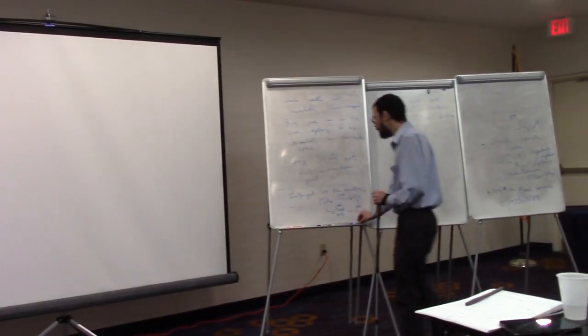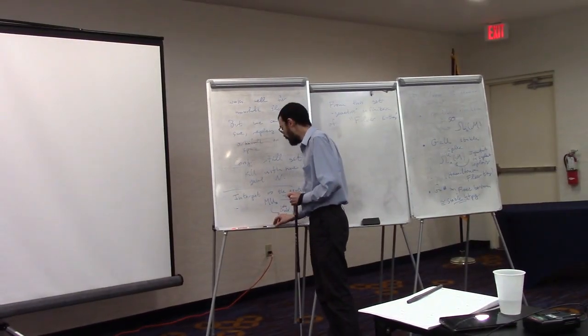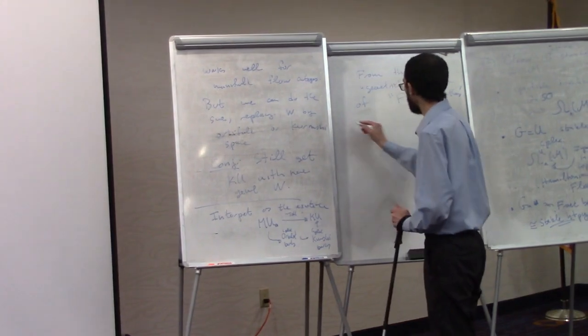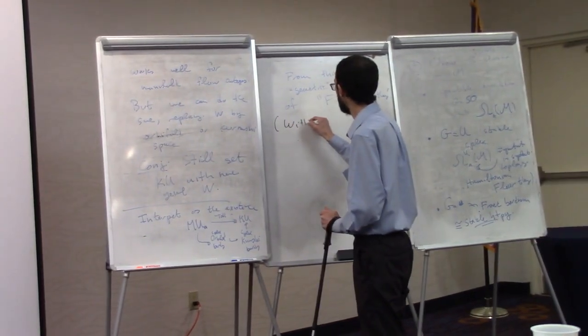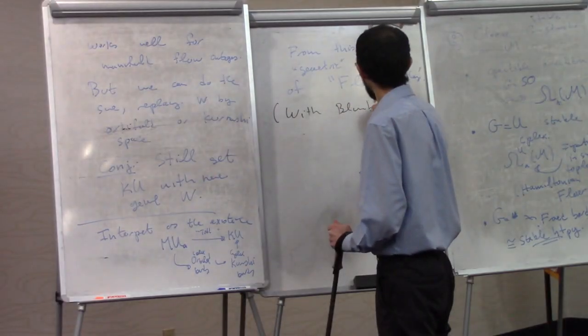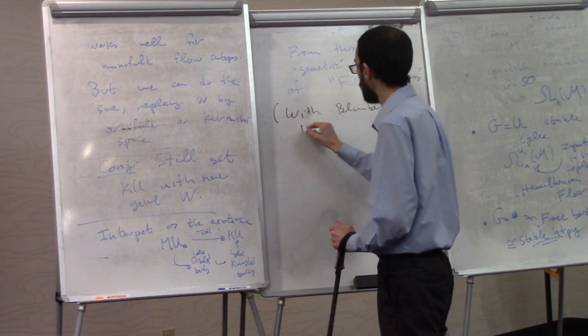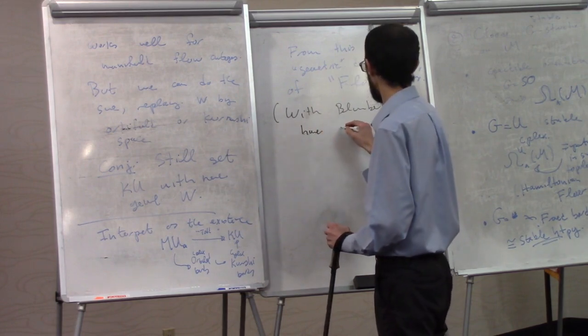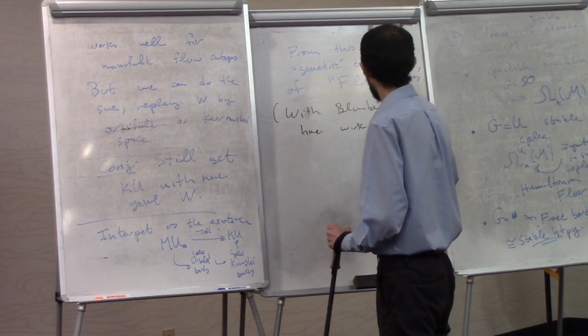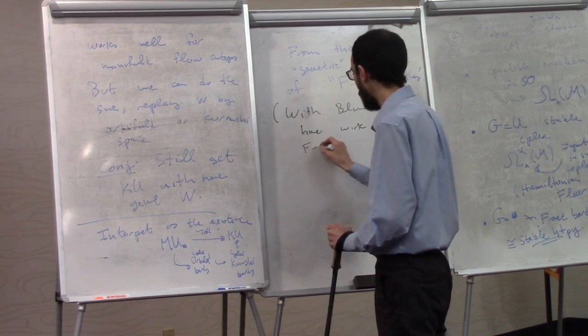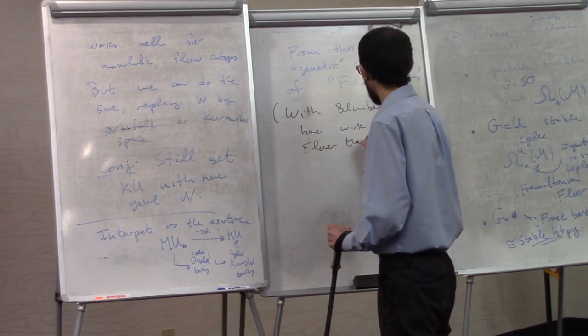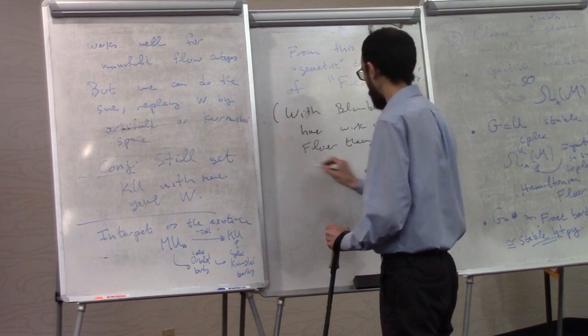Now, just a small advertisement, which is that there's been this work, still not released, with Blumberg. We have some work on Morava K-theories, work on Floer theory with coefficients in Morava groups.